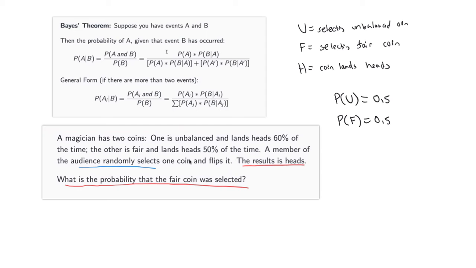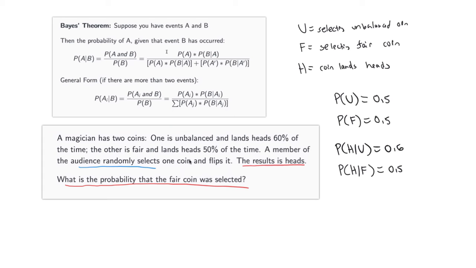Now, this is a little bit trickier. We can't just be like the probability of heads. No, the probability of heads depends on which coin the person picked, right? So the probability of heads, given that it's the unfair coin, well, that's going to be 60%, right? That's given in the problem. It's literally right here. The probability of heads, given that a person picks a fair coin, well, that would be 50%.